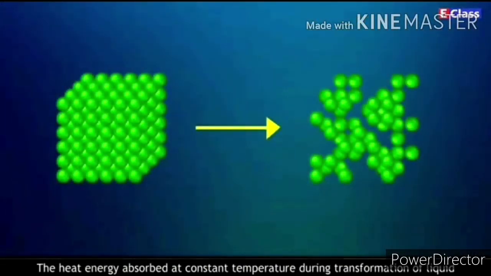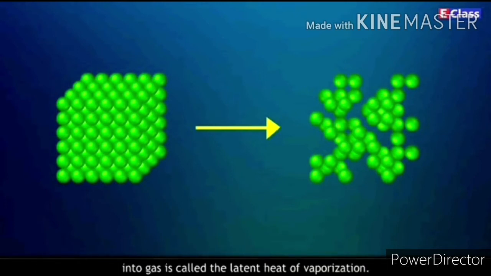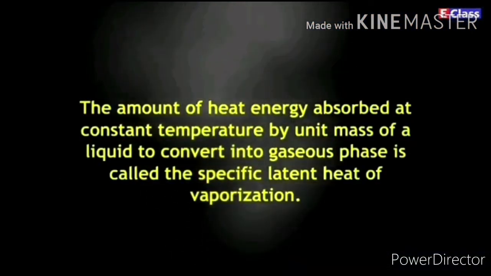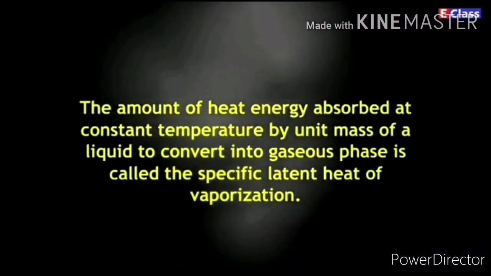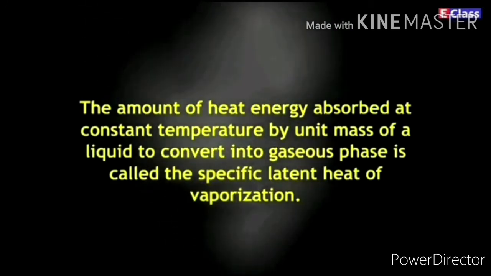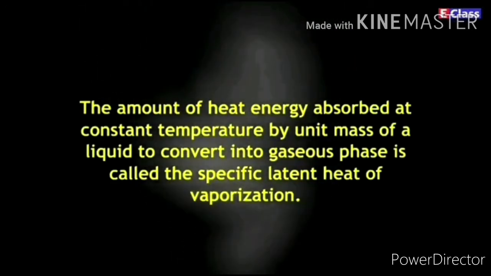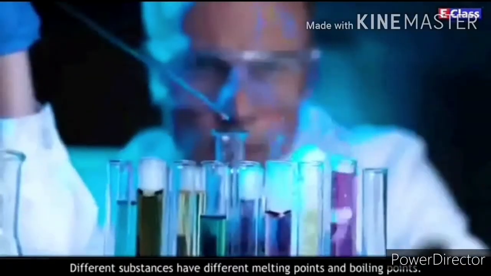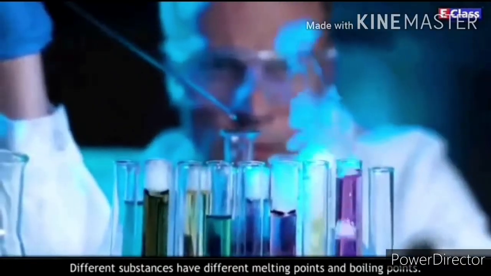The heat energy absorbed at constant temperature during transformation of liquid into gas is called latent heat of vaporization. The amount of heat energy absorbed at constant temperature by unit mass of liquid to convert into gaseous phase is called the specific latent heat of vaporization.